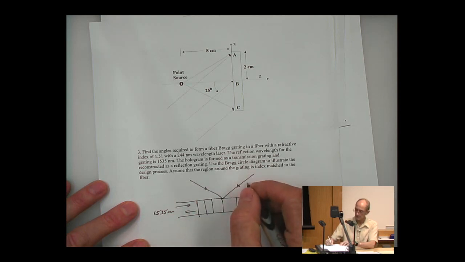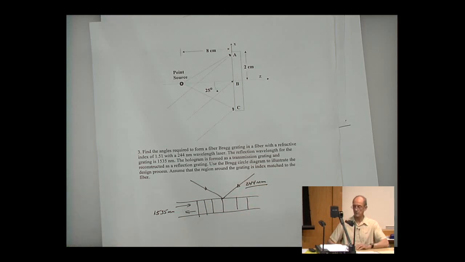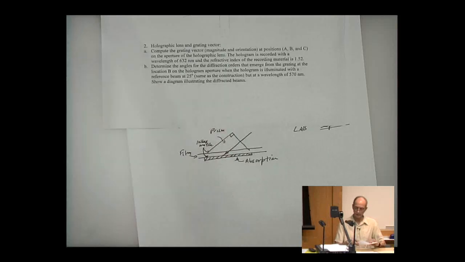And this is at 244 nanometer, where the glass is sensitive. Okay, so that's kind of the basic outline. And then you can use some of the things that we just went over to run through that design. Okay. All right. Good.